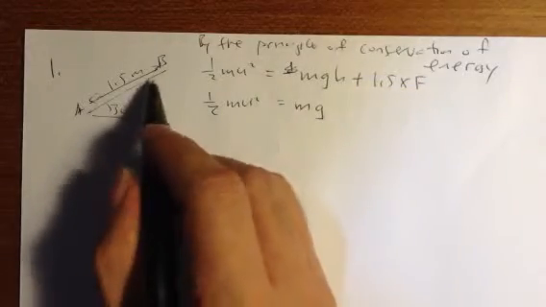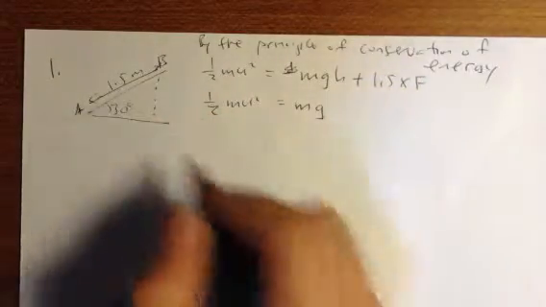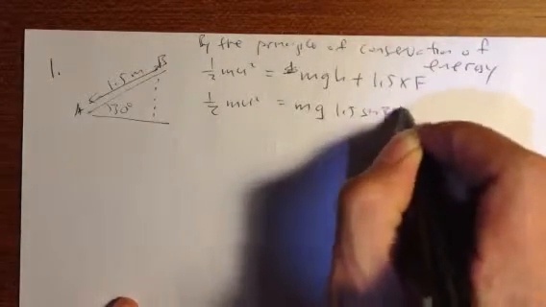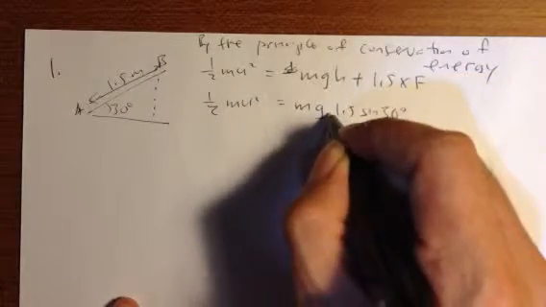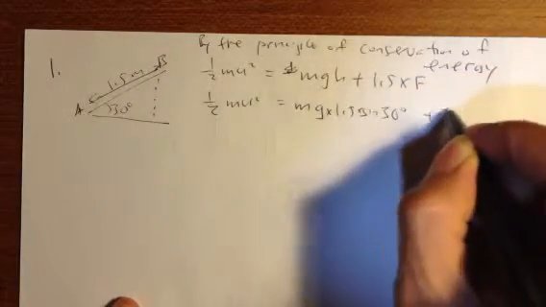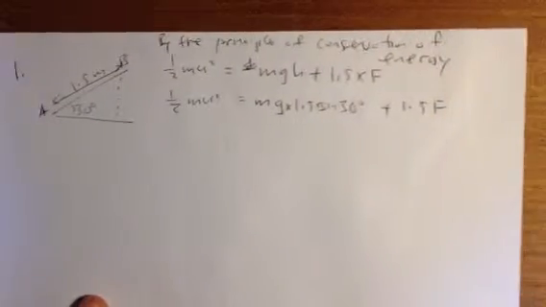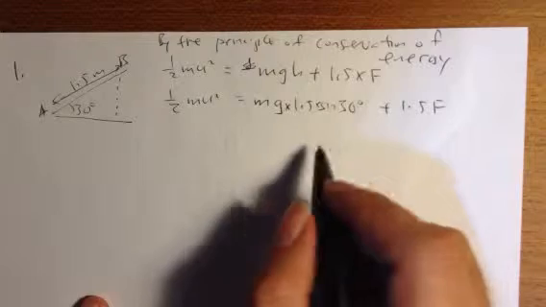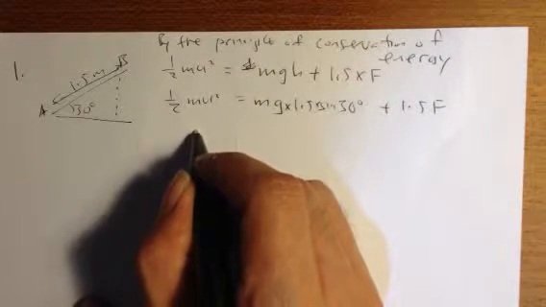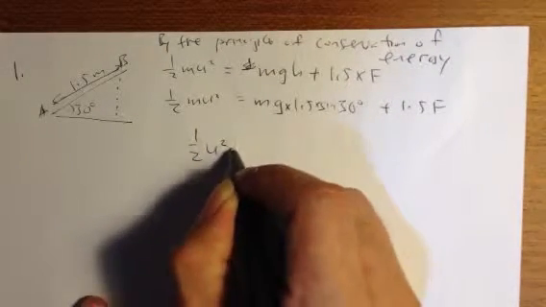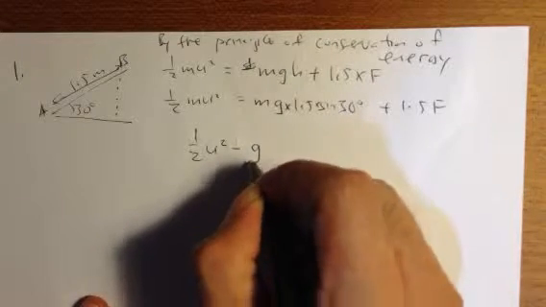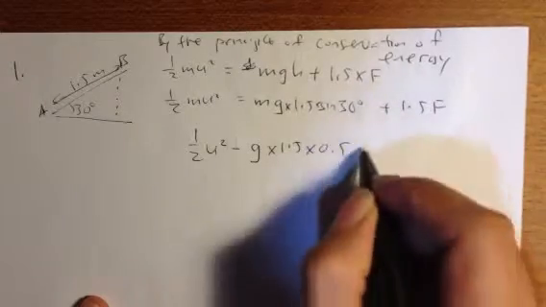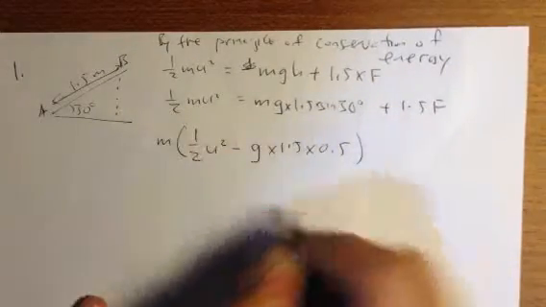Now the height is actually 1.5 sine theta, sine 30 degrees, right? And this is equal to half u square minus g times 1.5 times 0.5, divided by... m, right?